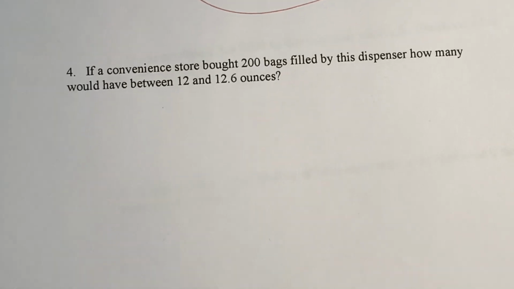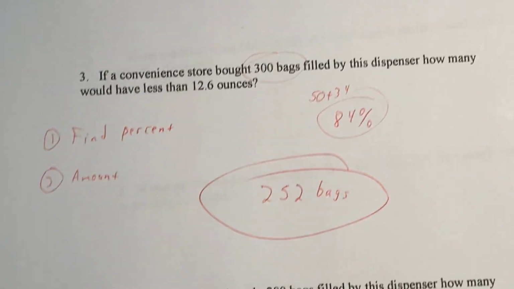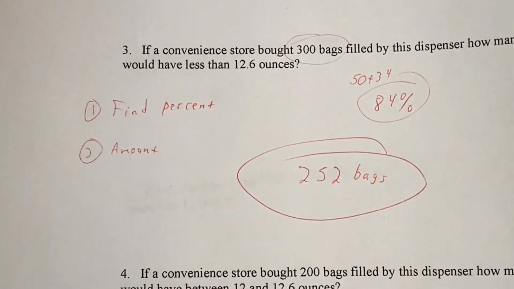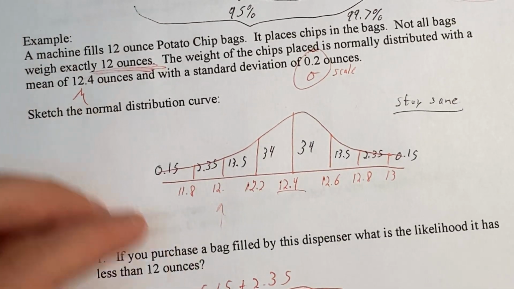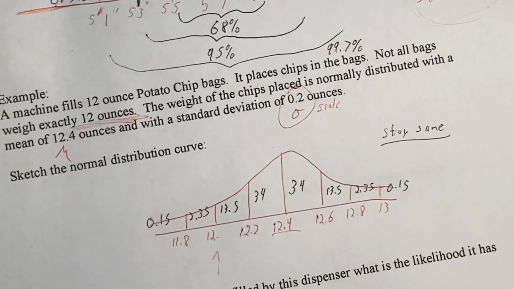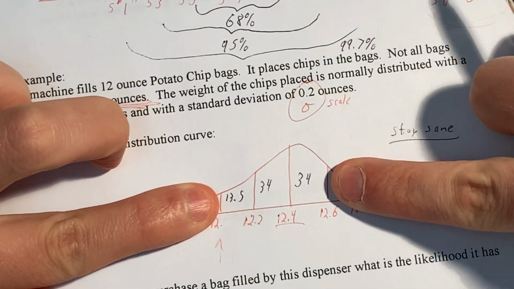So in the next one, if a convenience store bought 200 bags filled with dispenser, how many would have between 12 and 12.6? So this time it's between... Sorry, I already forgot the numbers. 12 and 12.6. So here's 12, here's 12.6.